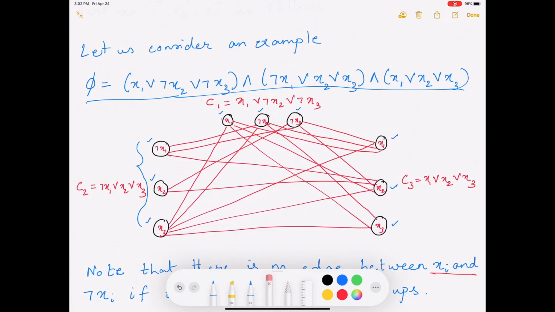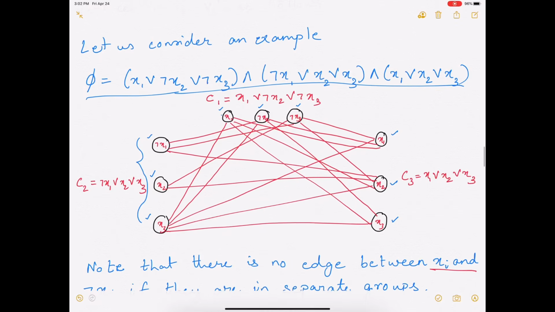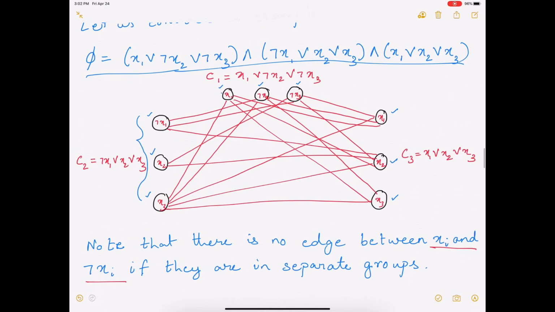I think I just accidentally erased an edge. Let's try to put that back. So this is how we construct this graph. That's the important part, and it's a general way to construct the graph. What I've shown is just how to construct it using a particular example.